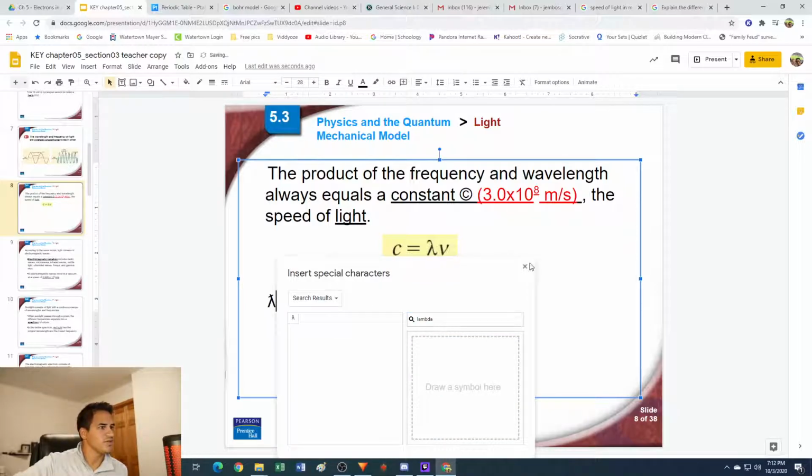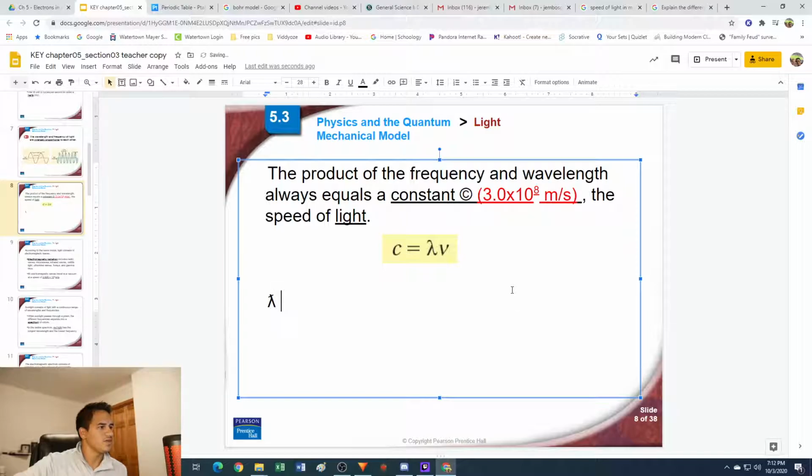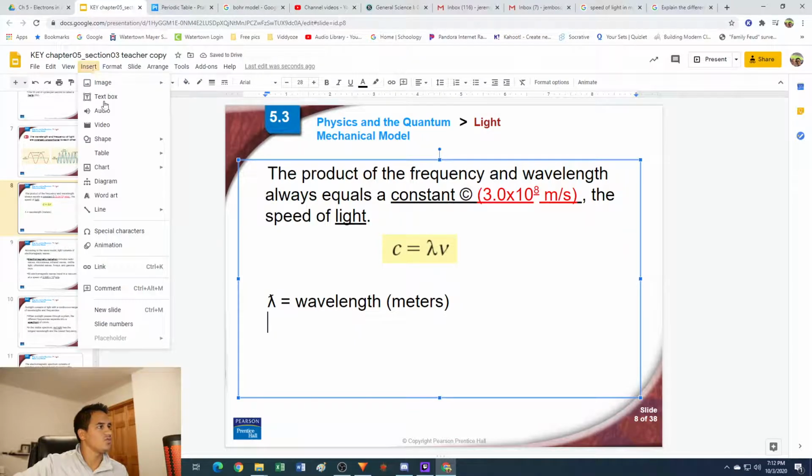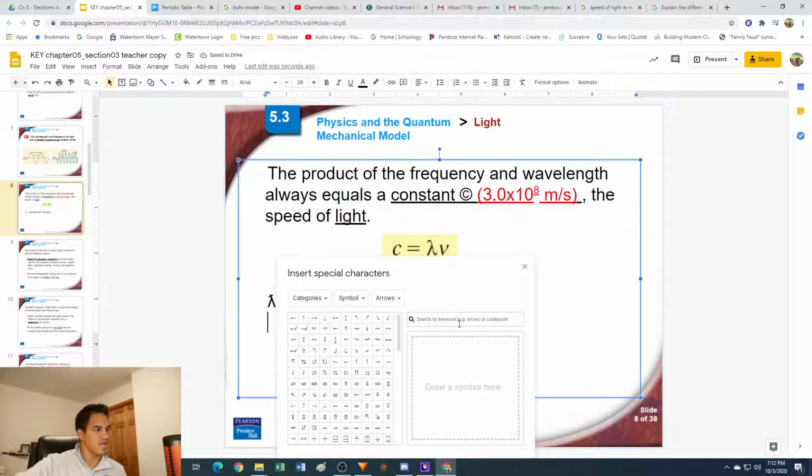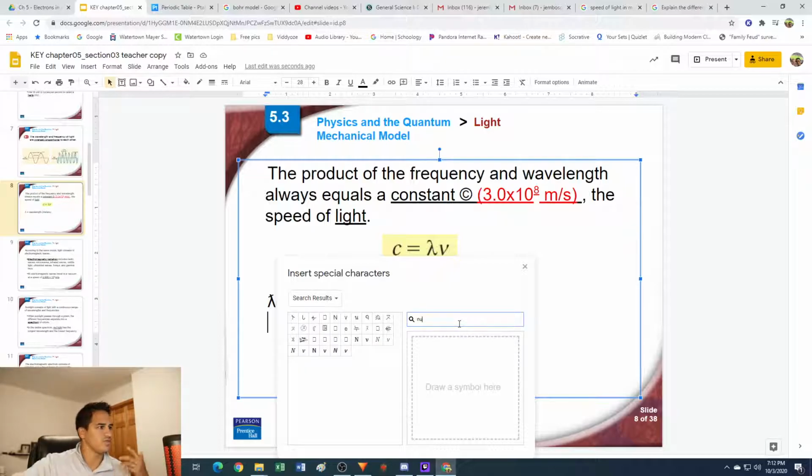So there's lambda. And then, so this is equal to wavelength. And wavelength is typically going to be given in the units of meters, okay? It also can be given in the units of nanometers, which is very common, but we're going to keep it as meters. And then again, we have this other Greek letter, which is nu, spelled N-U, like a new car, but just N-U, not N-E-W.